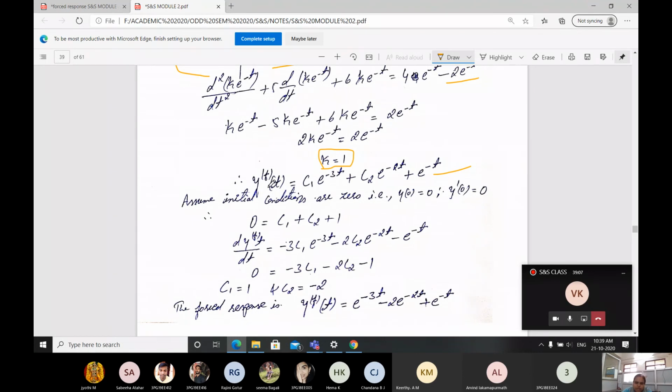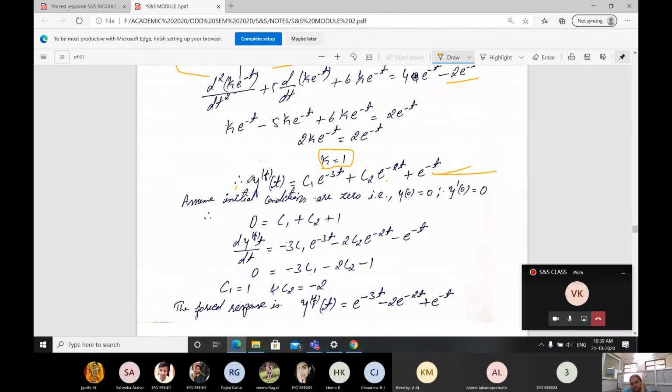When t is 0 in this equation, e raised to 0 means 1 only. Therefore c1 plus c2 plus 1 you will get.